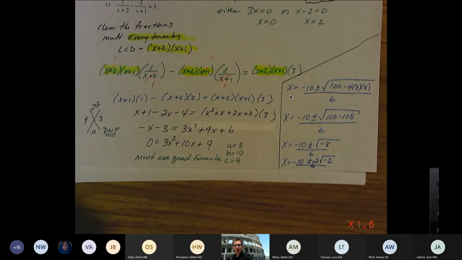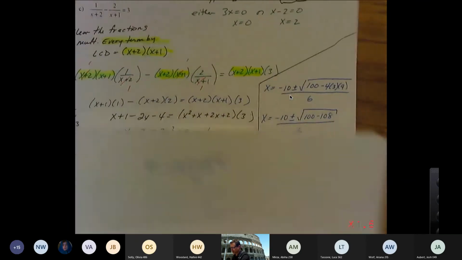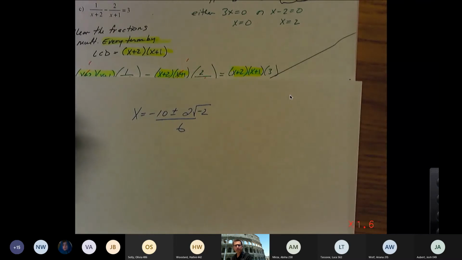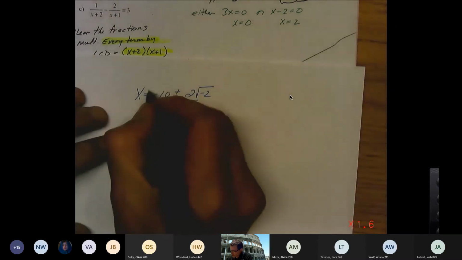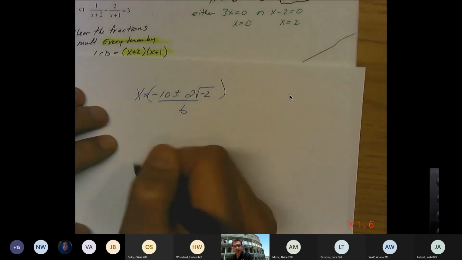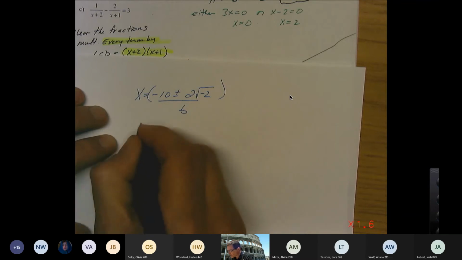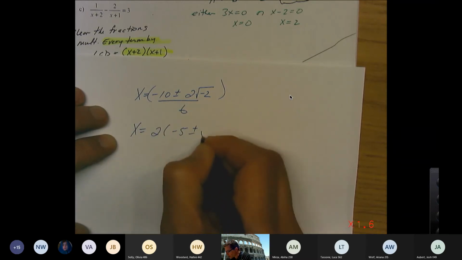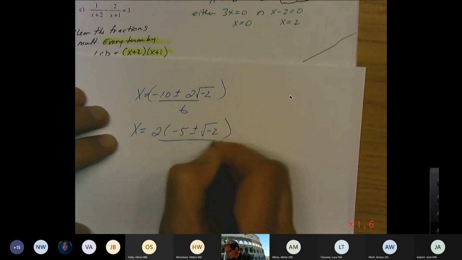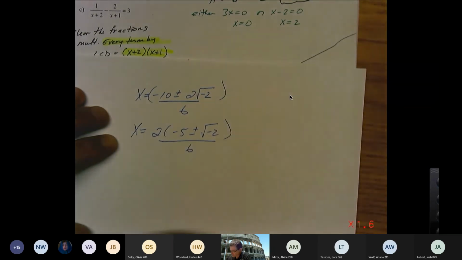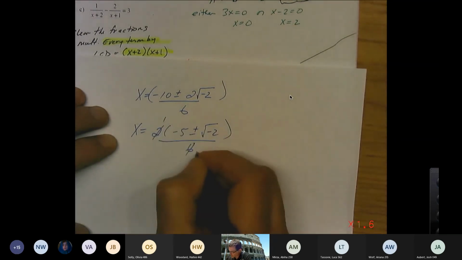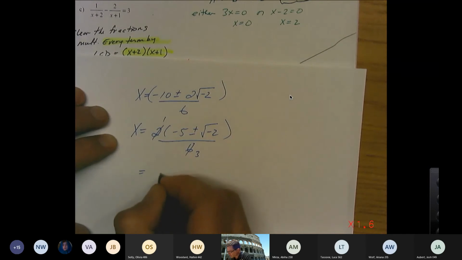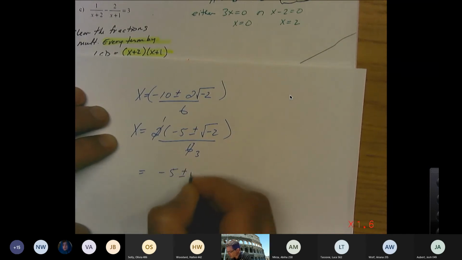If you're following along, this is where we're at now. We want to common factor out a 2 because we want it to reduce with the 6. Negative 5 plus or minus root negative 2 over 6. The 2 and the 6 will reduce, leaving you with negative 5 plus or minus root negative 2 over 3.